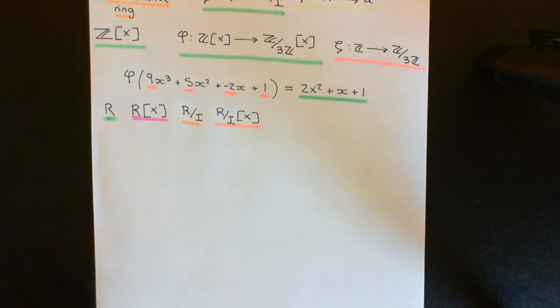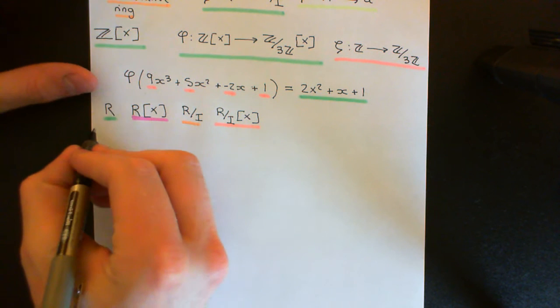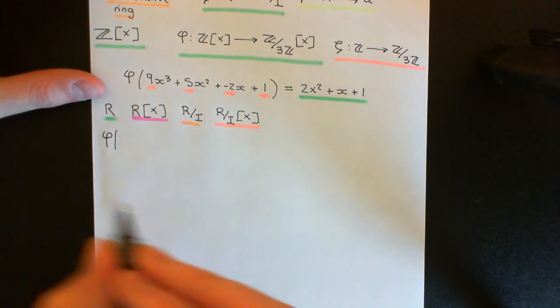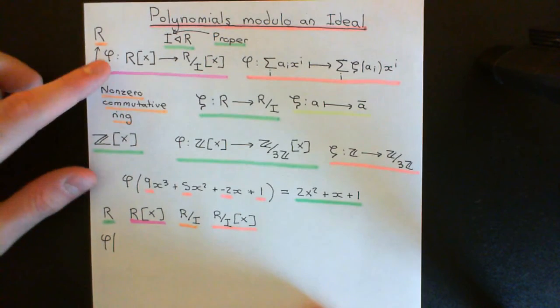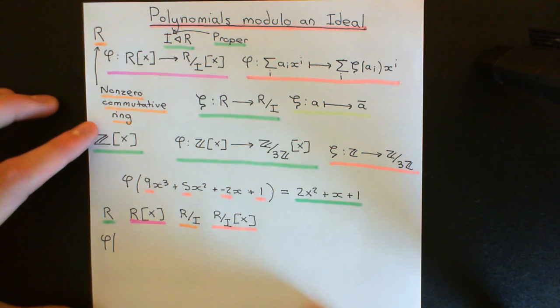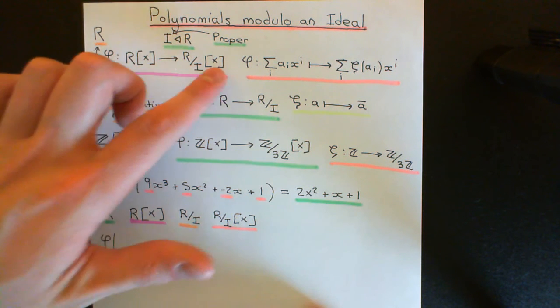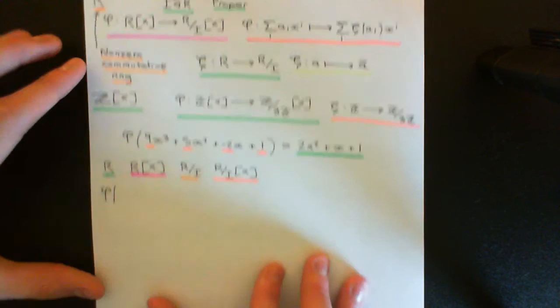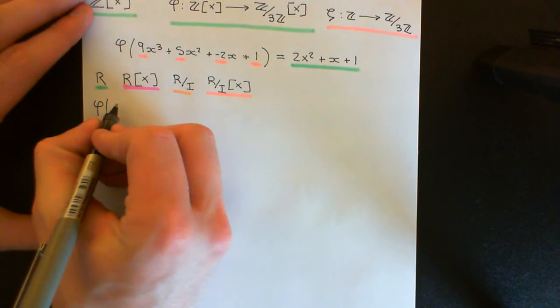Right. So let's now check additive compatibility first. What we want to check is that if we take phi of one polynomial plus another polynomial, remember our mapping is from the ring of polynomials R adjoin x to the ring of polynomials R quotiented out by I adjoin x. So we need to check that if we take 2 polynomials in here and add them together, so let's put this down.